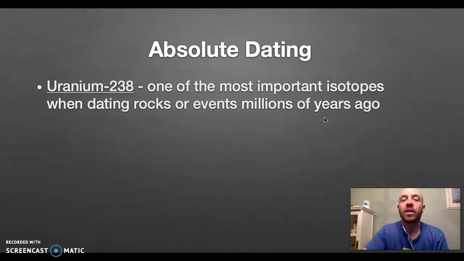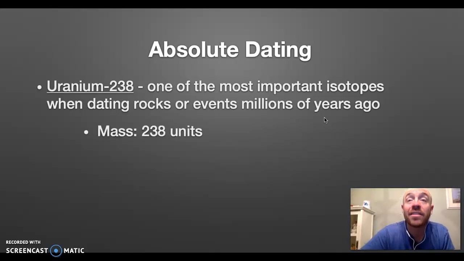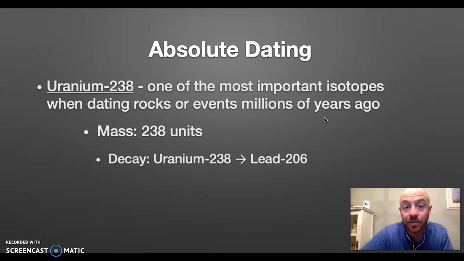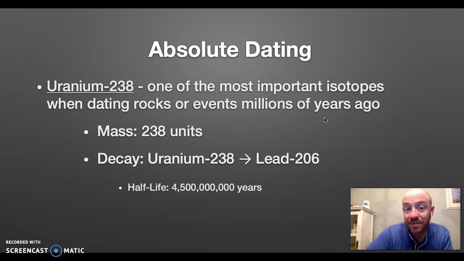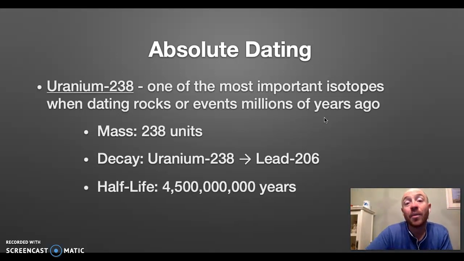If we talk about uranium-238, it is one of the most important isotopes when we date rocks. It has a mass of 238 units. When it decays, it breaks down from uranium-238 into lead-206. Its half-life is around 4.5 billion years. So why is this so important?